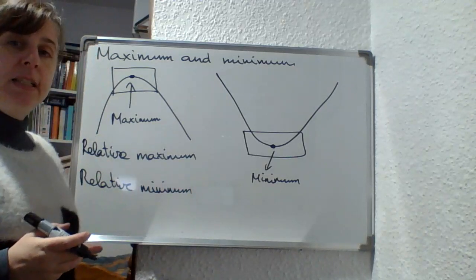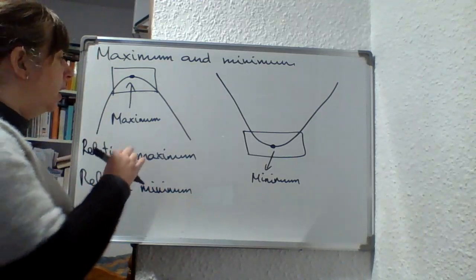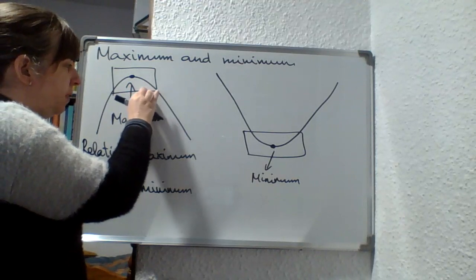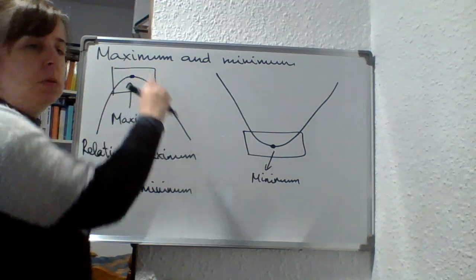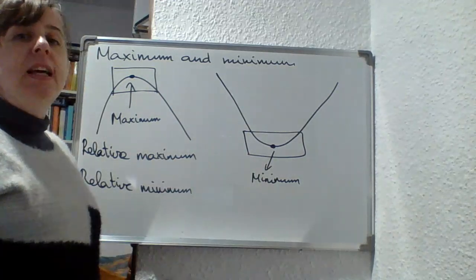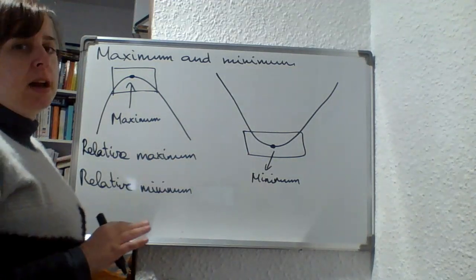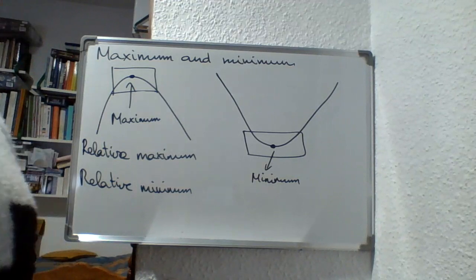In both cases, they are points where the value of the function is higher than the points around, or the value of the function is lower than the points around. Let's see an example.